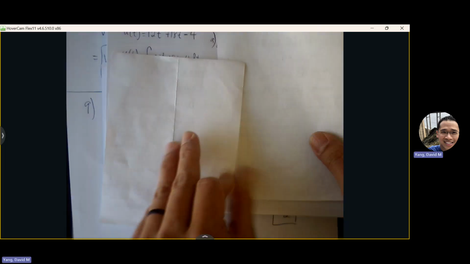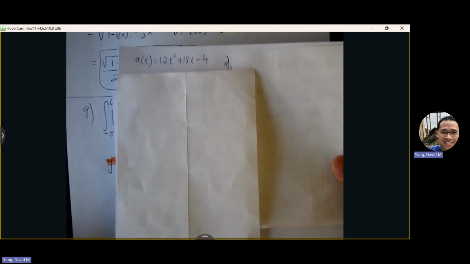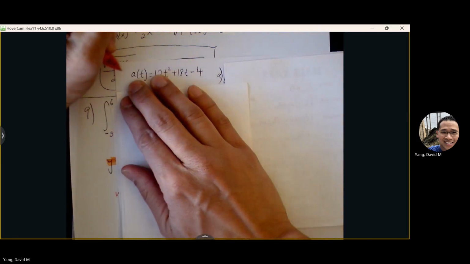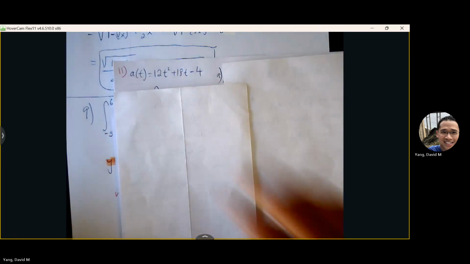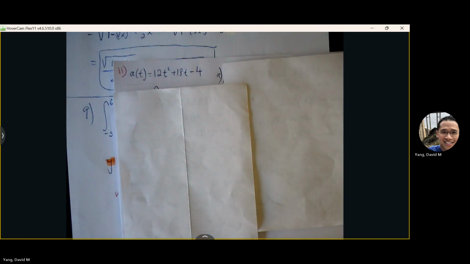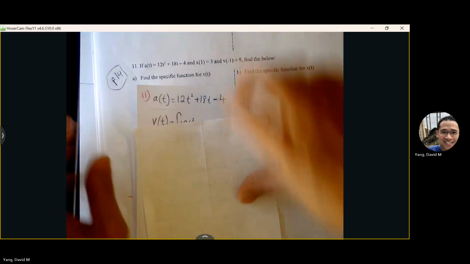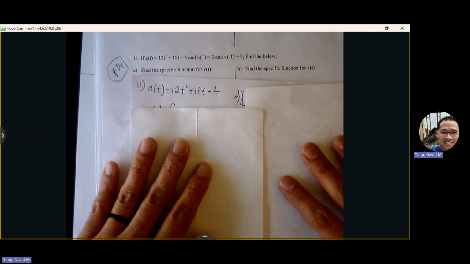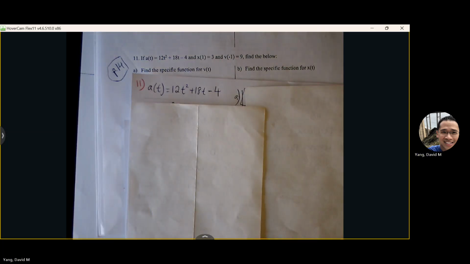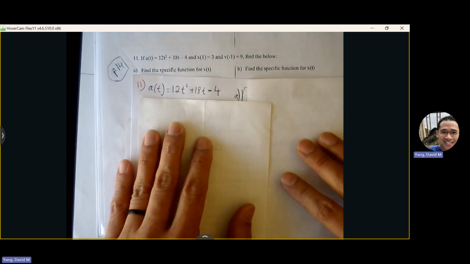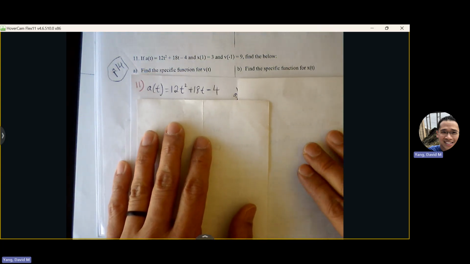All right, so we're going to start off. This is number 11. You're given an acceleration function. Find the specific function for velocity. We know that if we want to get from acceleration to velocity, we simply have to take the antiderivative.